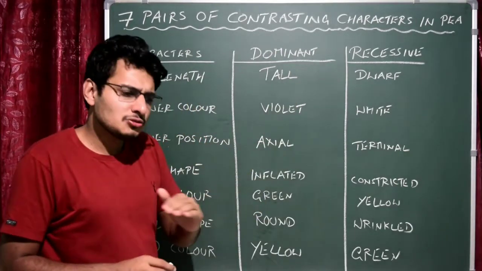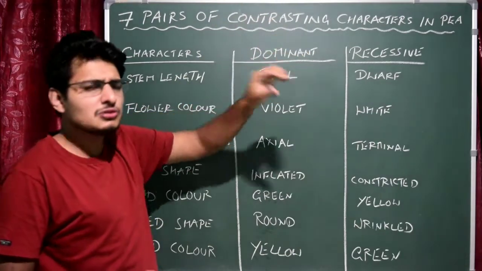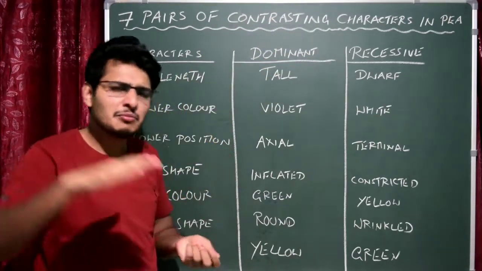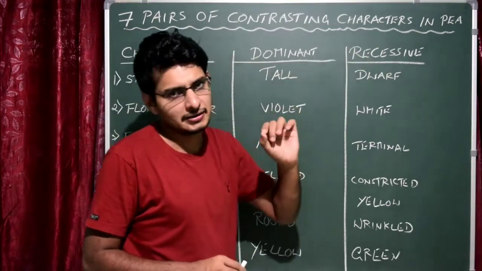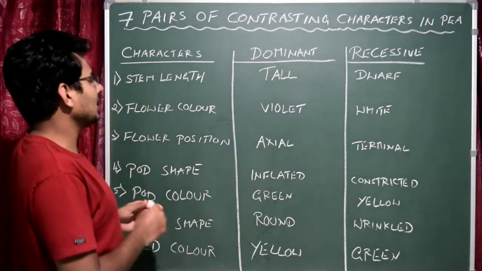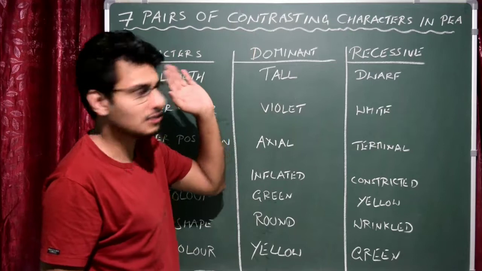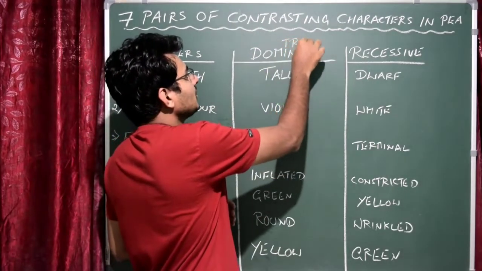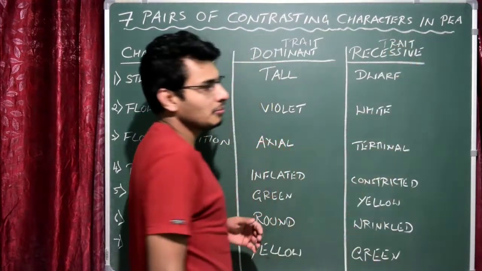The majority of the plants were taller, so he said it is a dominant character. Very few plants were shorter, which he considered as the recessive trait in that stem length character. You got it? The character is one, but the traits are different.